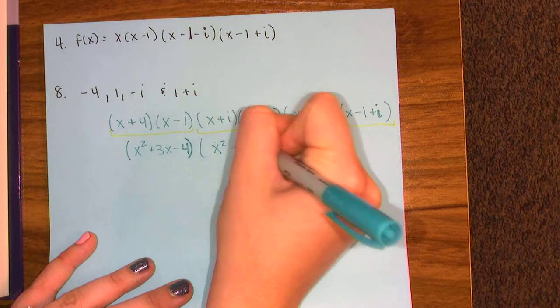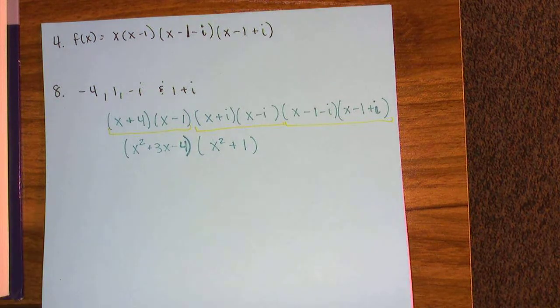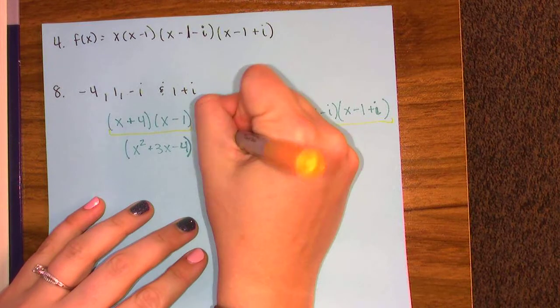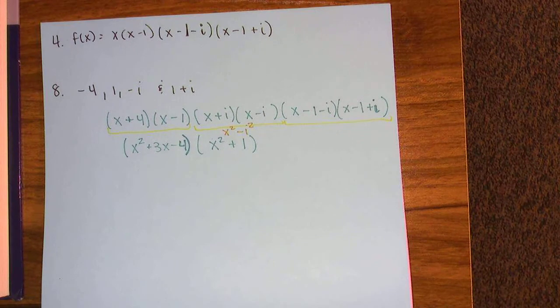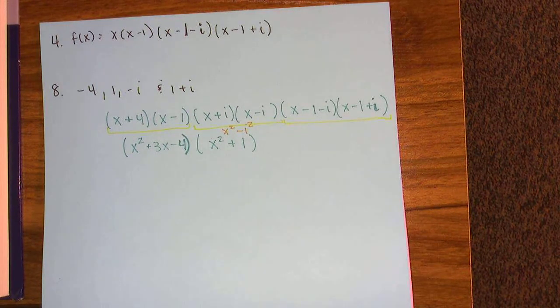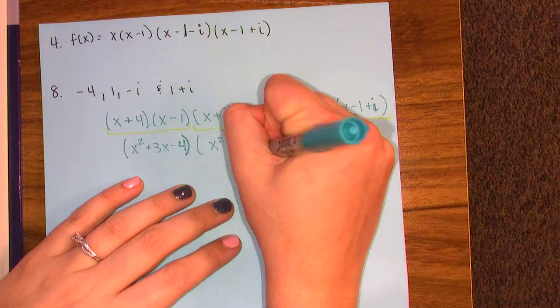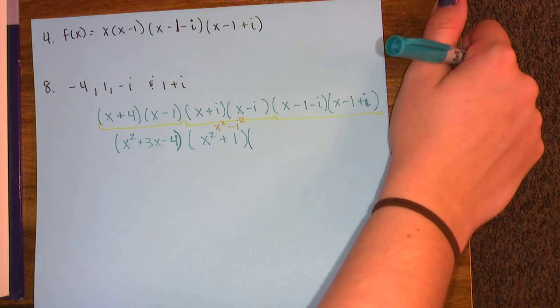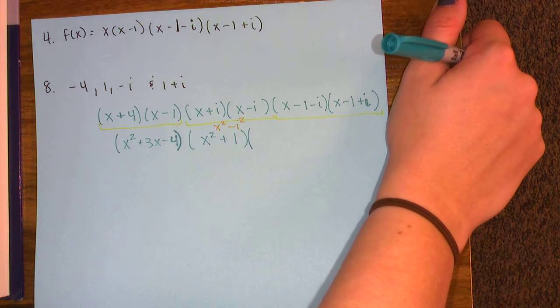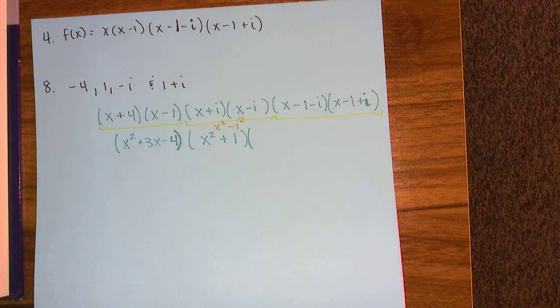Okay, because this was x squared, or would have been x squared minus i squared. Okay, i squared is -1, so that makes it positive. And then how about over here? What do I have going on here? I would multiply each little piece across, and then we'll simplify everything in a minute.